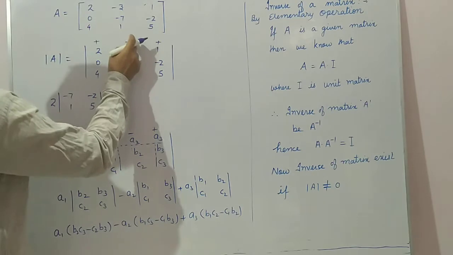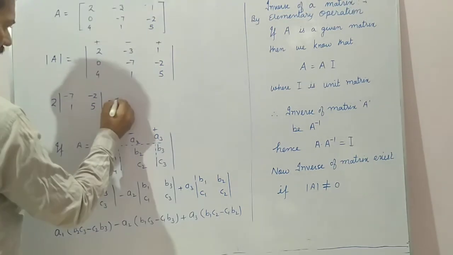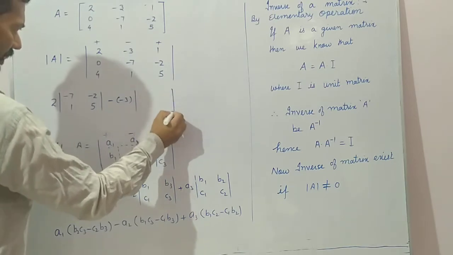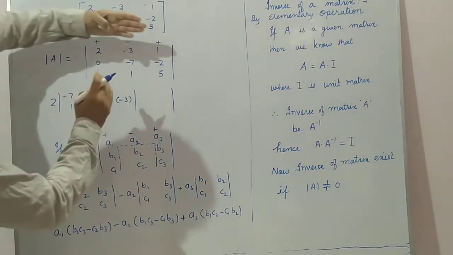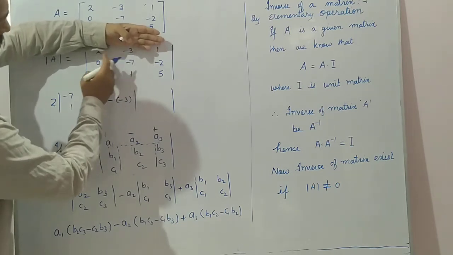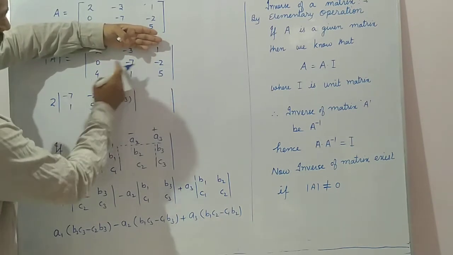After that, this is minus, for the element minus 3. When we are taking minus 3, eliminate the row and column associated with minus 3, which are the first row and second column. So you are left with 0, minus 2, 4, 5.